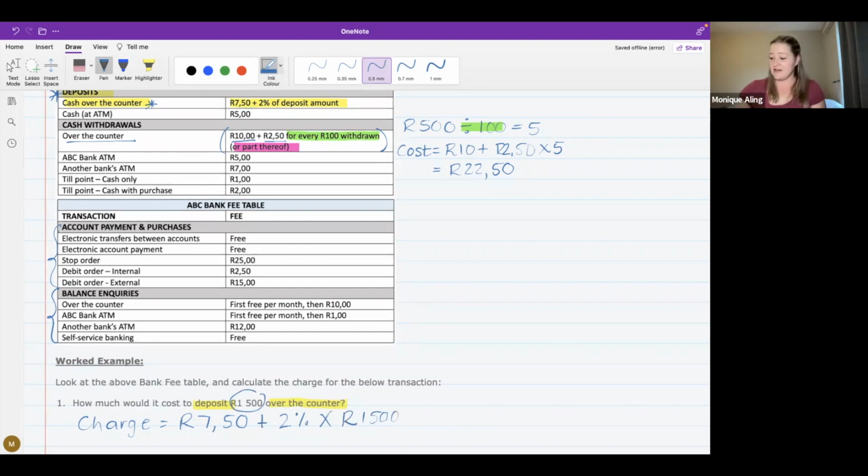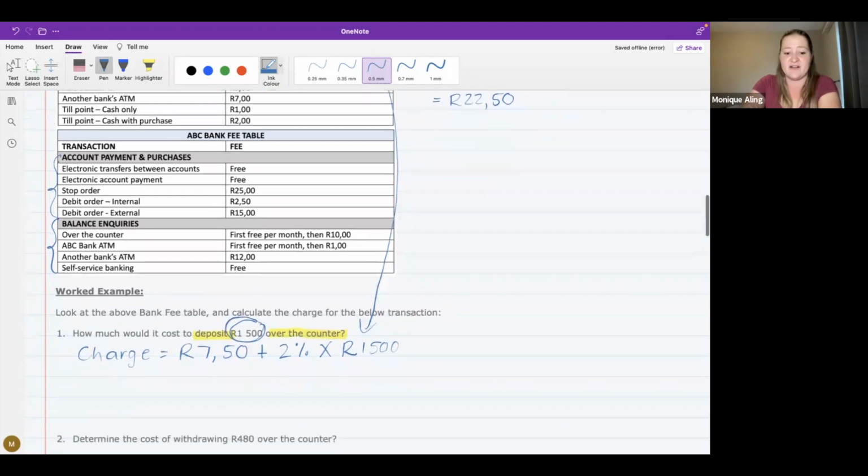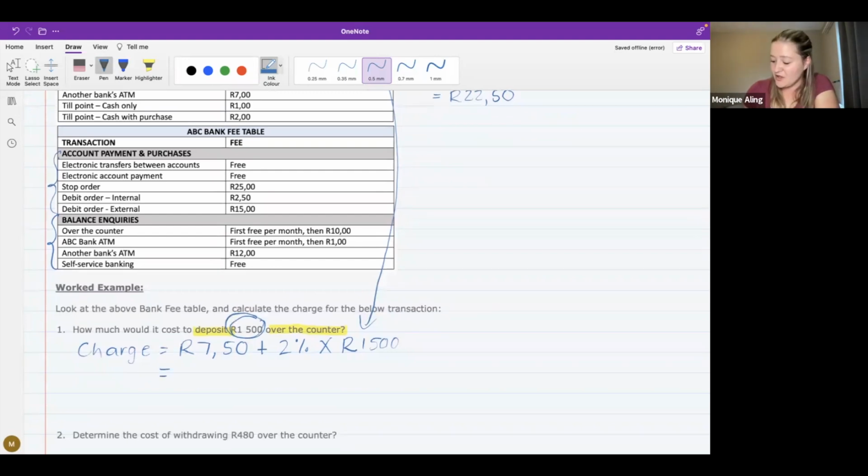So all I've done is just follow the instructions from the table. So it's 7 Rand 50 plus 2% of the deposit amount. They are depositing 1,500 Rand. And then all you do is go and work it out.